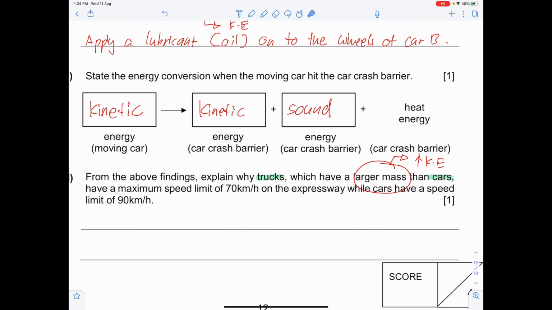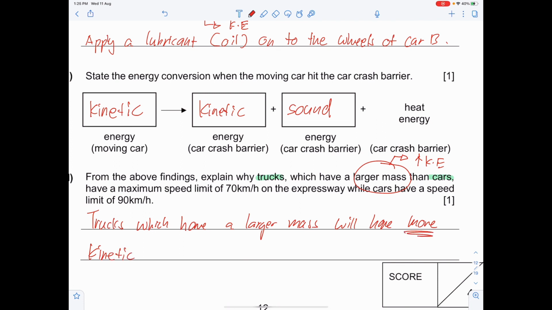Okay, so how can we do this? So trucks which have a larger mass will have more kinetic energy. Now be very careful because this question is a superlative question, which means that the word more needs to be there, because both your car and your moving truck will have kinetic energy.